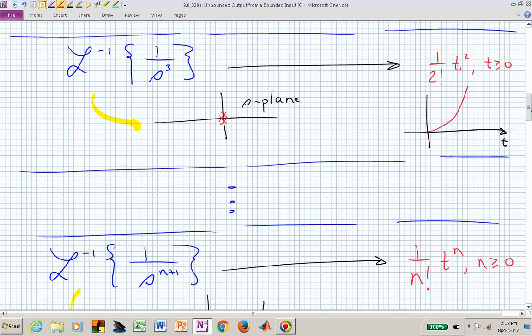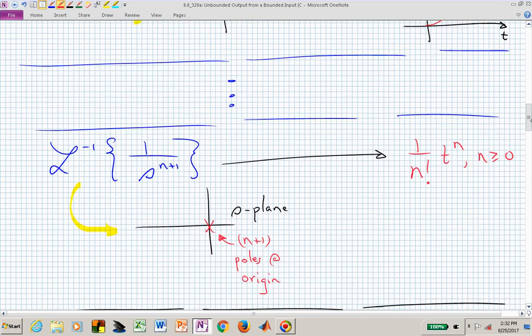We could keep going, and the pattern says that if we start with 1 over s, and now we have n plus 1 poles at the origin, then that's going to produce in the time domain a polynomial t to the nth power. That's really growing as a function of time.